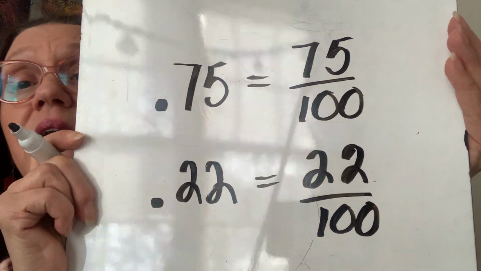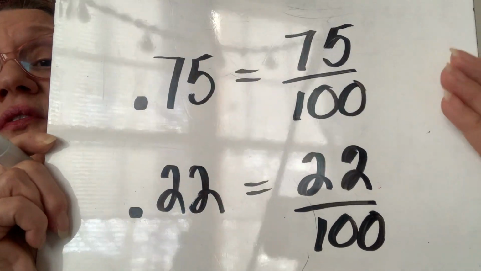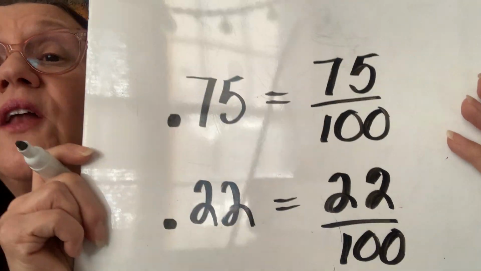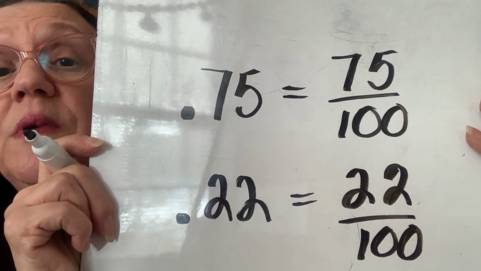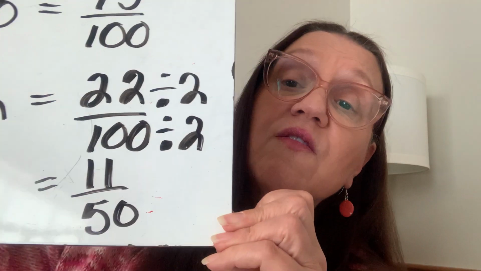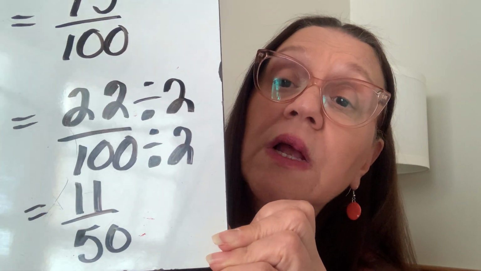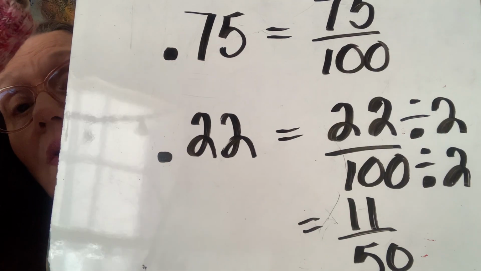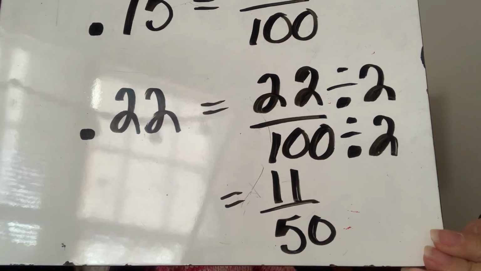So I would find a common factor for 22 and 100, and that factor would be 2, and I would divide 22 by 2, and whatever I do to the top, I have to do to the bottom, and that would give me 11 over 50 as my simplified fraction. So I started off with a decimal, and I ended up with a simplified fraction.